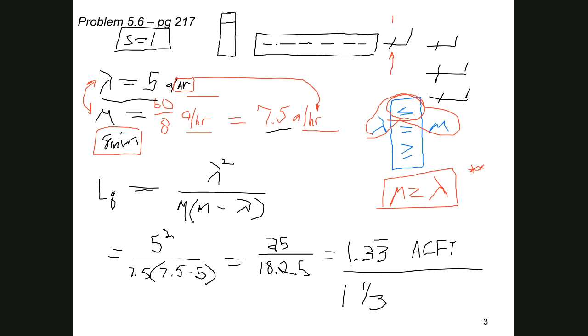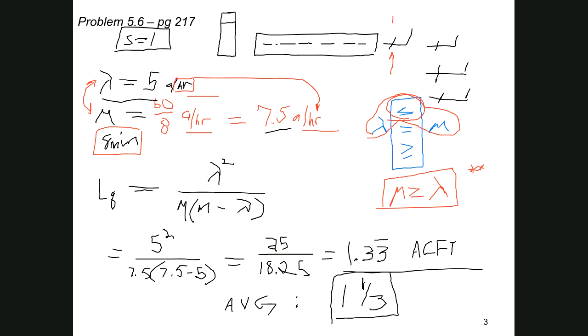Now, what is 1/3 of an aircraft? You have to remember this is an average value. So if you come up to the airport, 1 hour there'll be 1, next hour there'll be 2, next hour there'll be 1, next hour there'll be 1. If you take that average, it is 1 1/3 aircraft circling, waiting to land. Okay.